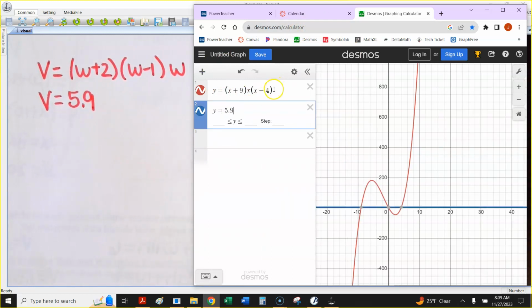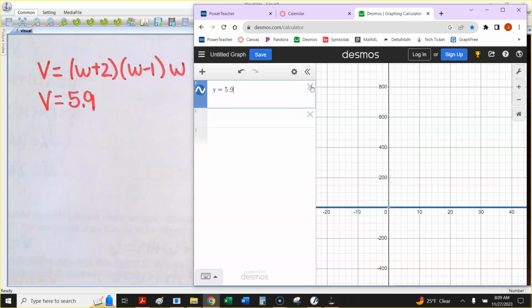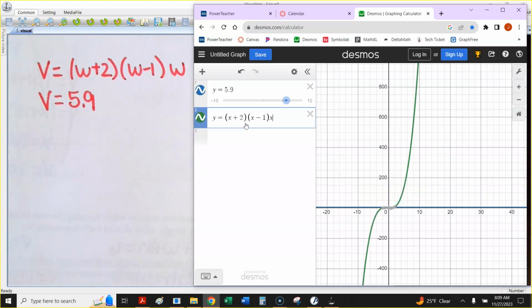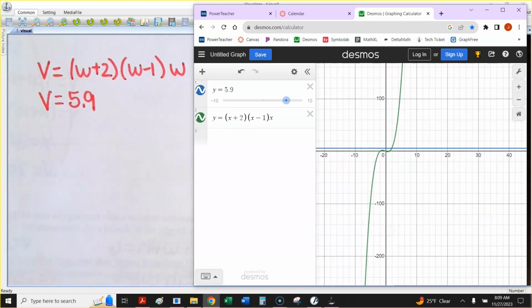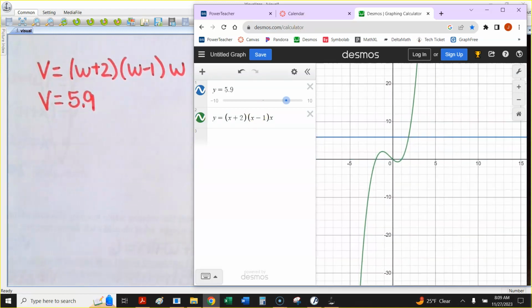And you might have to stretch the graph around a little bit with your fingers. And the answer for this one is not a nice number when you get it.